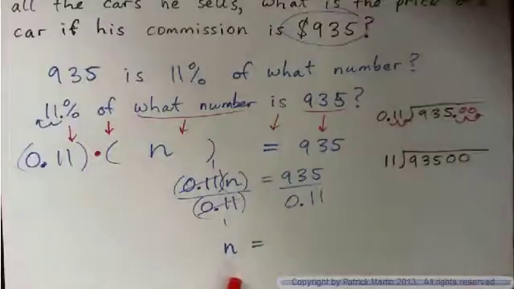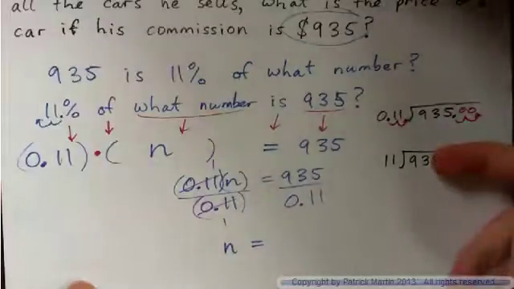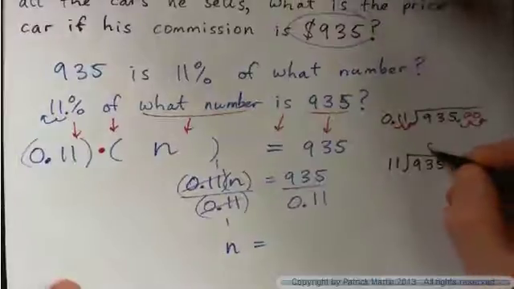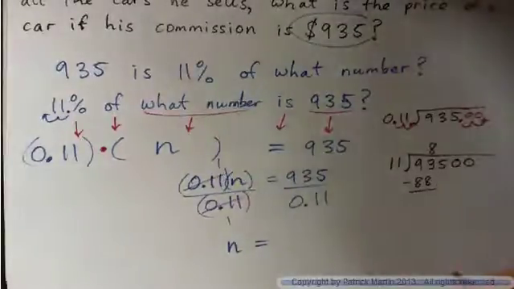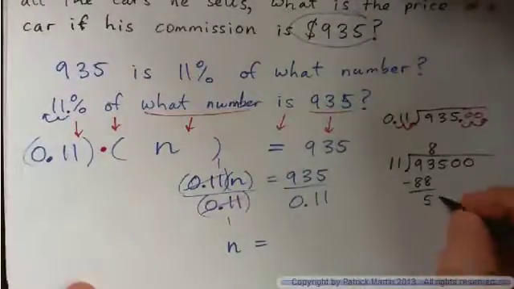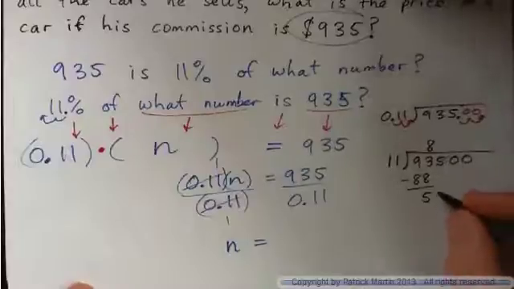Now, what does that become? 11 into 93. 9 11s is 99, so that'll be 1 less than 9 11s. 8 11s is 88. Subtract: what's 93 minus 88? It's 5, right? And bring this 5 down.